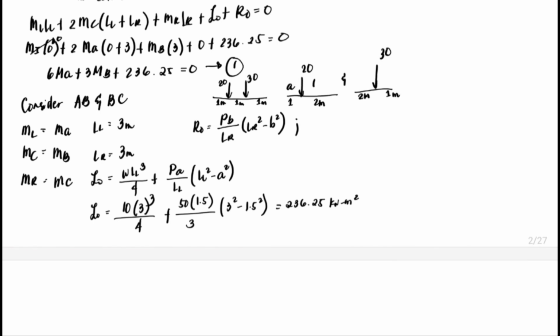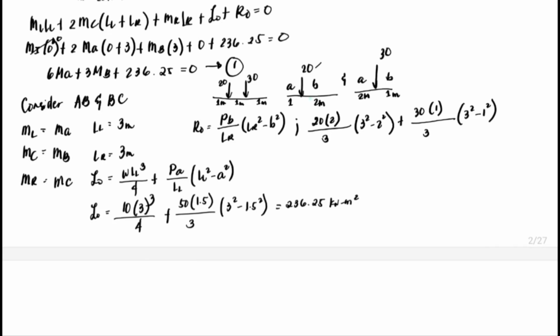Meaning, this will be your A, B, A, and B. So, dito sa ating load factor, unahin po muna natin yung 20. So, we have 20 multiplied by 2 over 3, 3 squared minus 2 squared. Dito naman sa kabila, ipa-plus nyo lang. We have 30 multiplied by 1 over 3, and then 3 squared minus 1 squared.